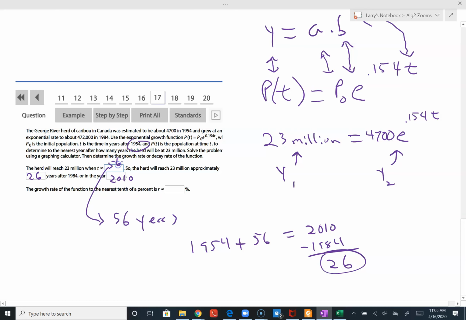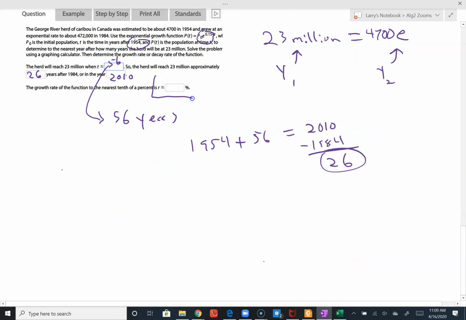56 years. Now we need to find our growth rate as a percent. Well, from the step-by-step or the example, it tells you that 1 plus r is going to equal e to the c power. What is e to the c power?